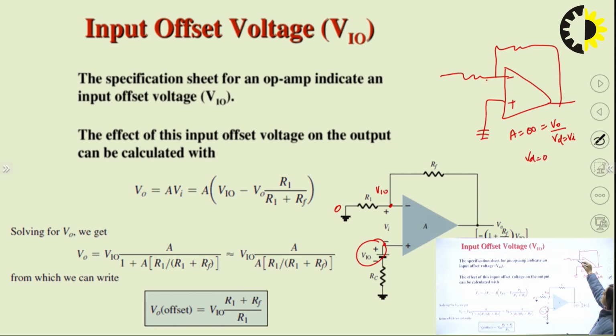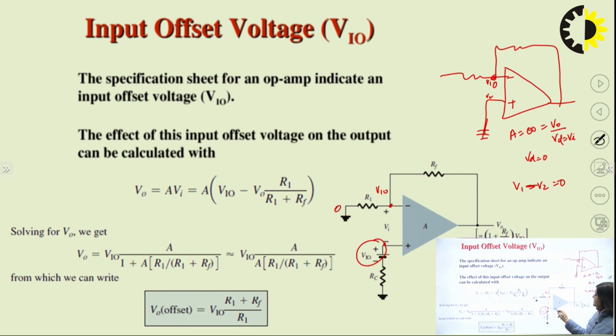So it means we are applying V1 here, we are applying V2 here, so V1 minus V2 should be 0. Or we can say that V1 and V2 must be at the same potential. So if we have connected V2 at the ground terminal, this potential will also be 0. So this is called the virtual ground.